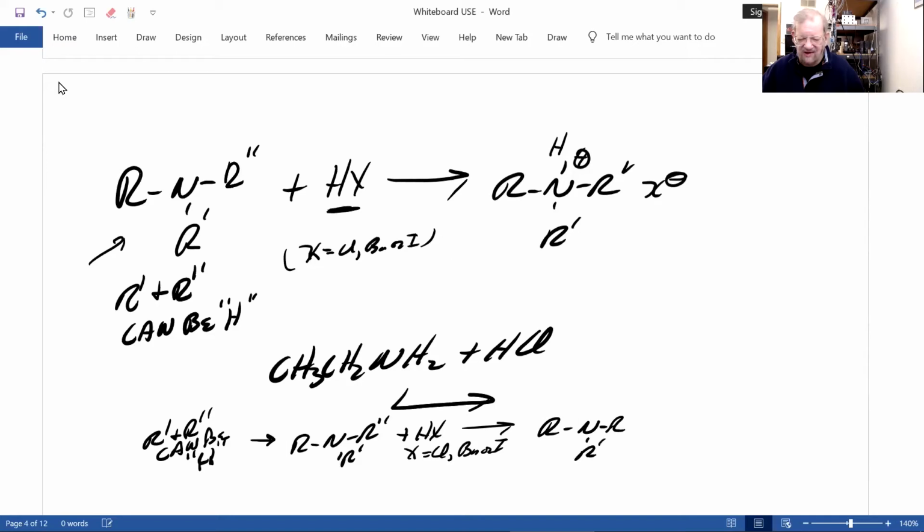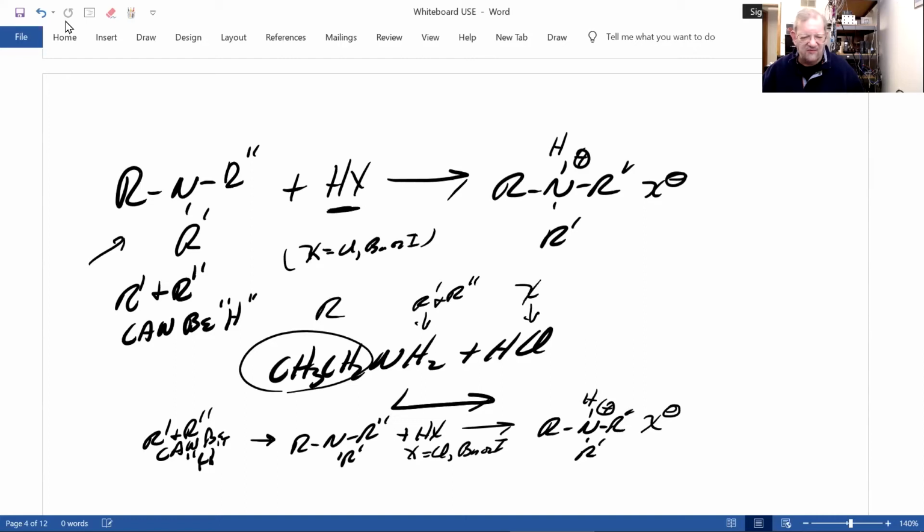Whatever is attached to nitrogen is still there, and you add one hydrogen. This has a charge. You don't have to show them, but I will. And here's my R group. I can call this R prime and R double prime.